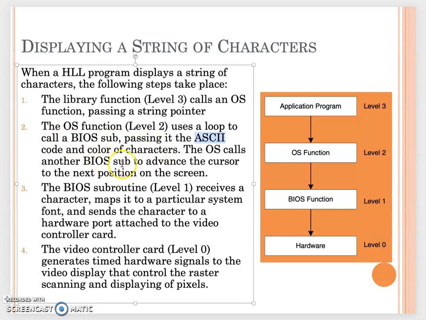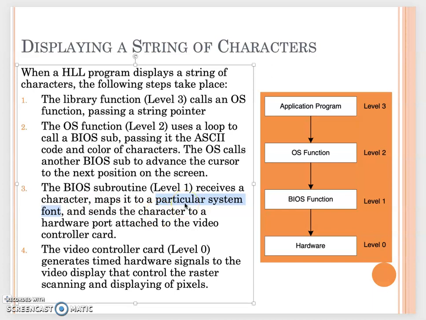Then the subroutine will advance the cursor to the next position on the screen, so you know where you will display. When you get the characters one by one, the BIOS subroutine in level 1 will receive a character and map it to a particular system font. Don't forget, we have a specific font. The ASCII table only tells us which letter to display, but how to display it usually depends on the particular font.